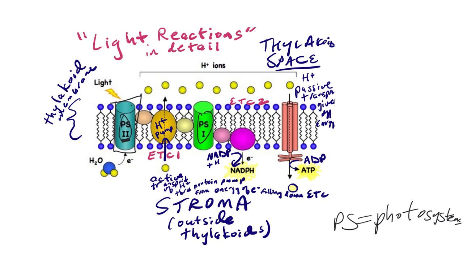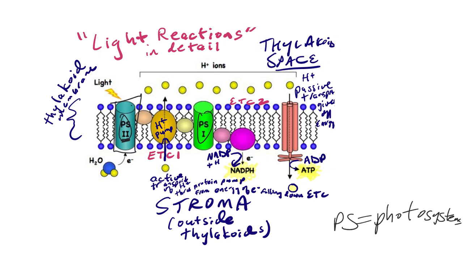So what happens is the de-energized electron goes down photosystem 2, goes down this, loses its energy, and that energy will power a hydrogen pump protein, active transport, and push hydrogen ions through to the thylakoid space.